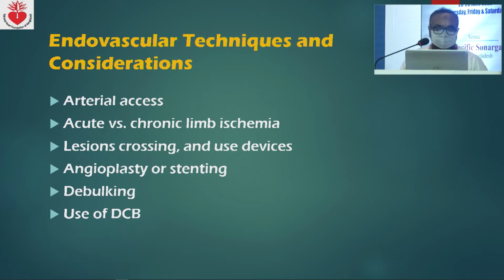It depends upon the management strategy, and whether it is acute occlusion or chronic limb ischemia due to chronic occlusion. And we have to consider the crossing of the lesion. In most cases, it remains a CTO.